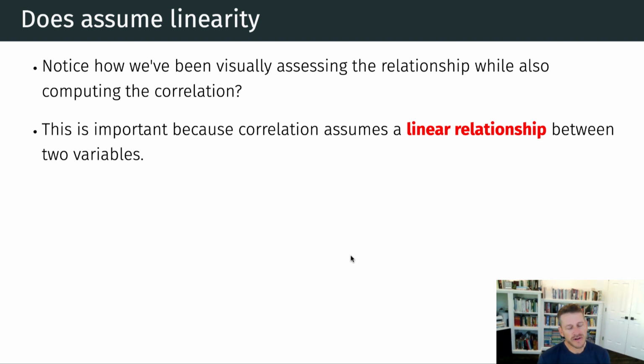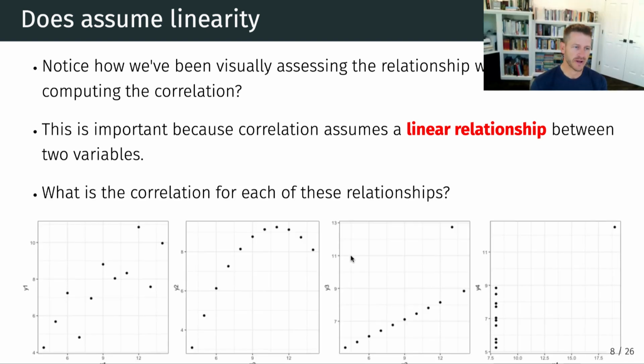One thing to point out is that correlation assumes a linear relationship, right? So whether it's increasing or decreasing, we expect that the relationship is linear. And this is not always the case. So it's always important to not just compute a correlation, but to also visually assess the relationship. We can illustrate this with these four different plots.